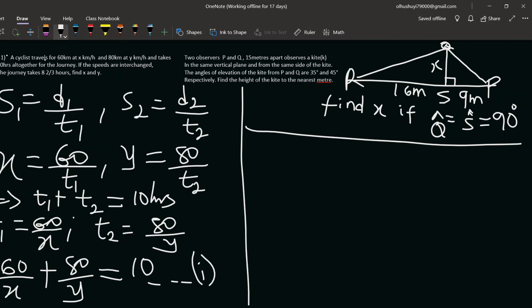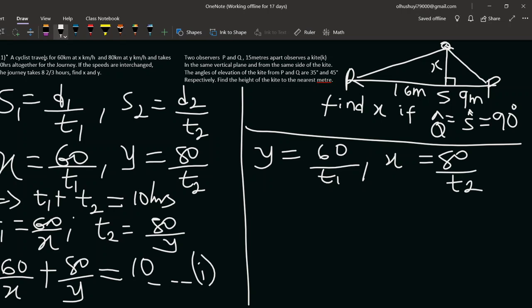So I can now write y equal to 60 over t1, and x equal to 80 over t2.